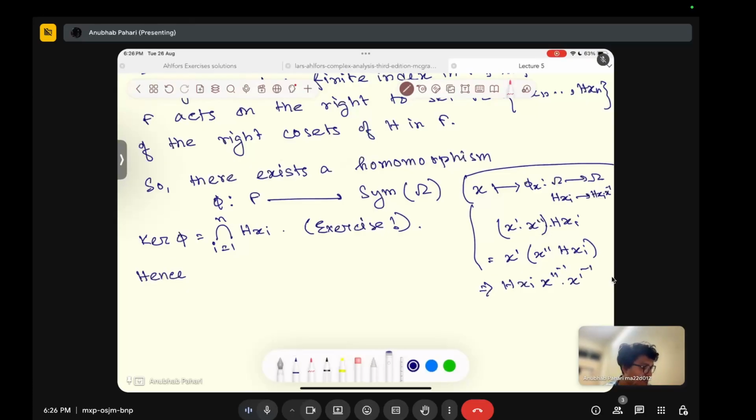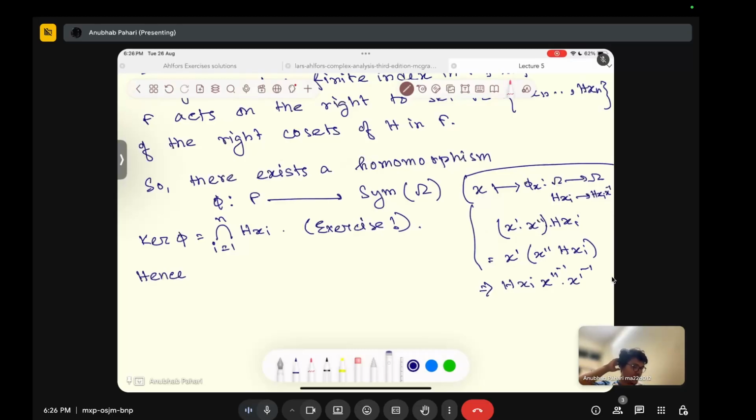It is coming from the first equation. This is better if you check this, because I have defined it like this. So if you act with x, this will go to Hxi x inverse.